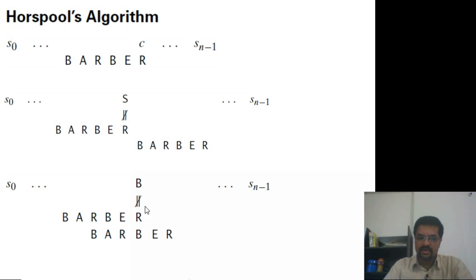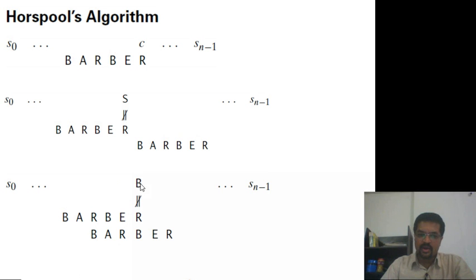Now suppose a similar mismatch happened, but this particular mismatched character is present in the pattern. In this case, I don't want to take a risk by shifting by 6 characters, because what if this b is matching with this b, and then there is b a r, and then b e r, so the barber text is here and the substring is here. We don't want to miss that.